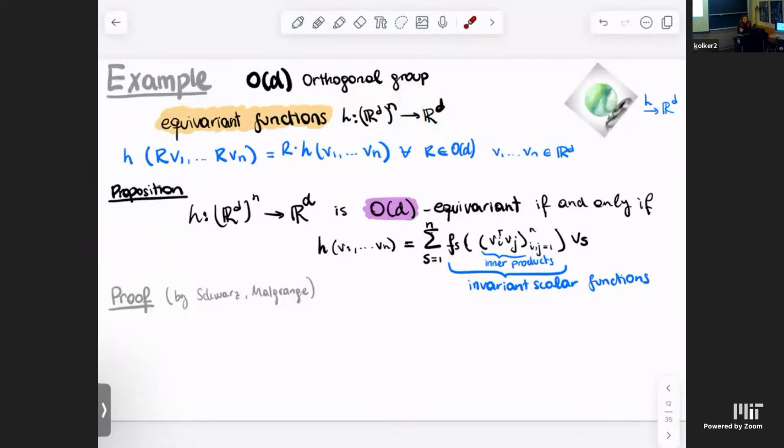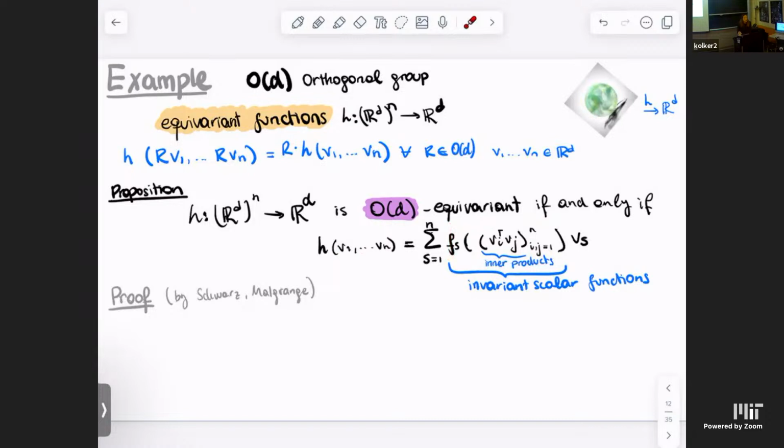So these are equivariant. If I rotate or apply an orthogonal transformation to each of my input vectors, then the output is transformed in the same way. So what you can prove using ideas from what I showed you before is that a function that takes n vectors in Rd and outputs a vector in Rd is OD equivariant if and only if you can write it as a linear combination of your input vectors, where the coefficient functions are scalar invariant functions, so functions of the inner products.